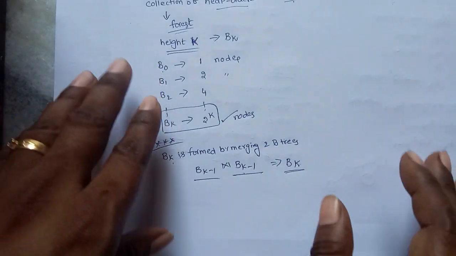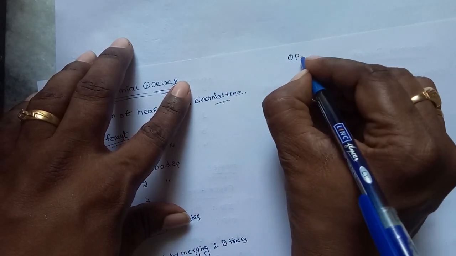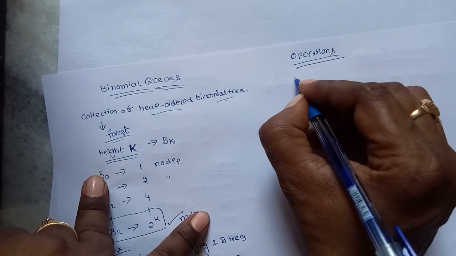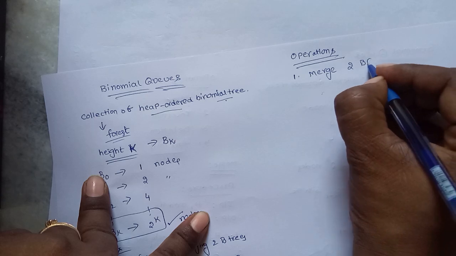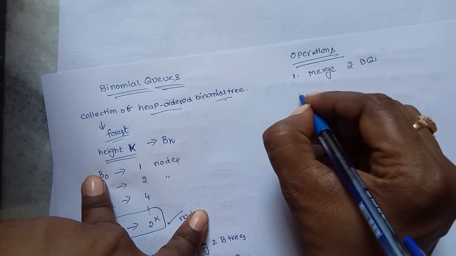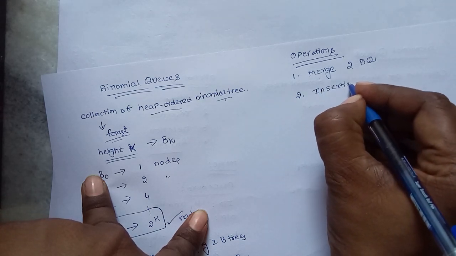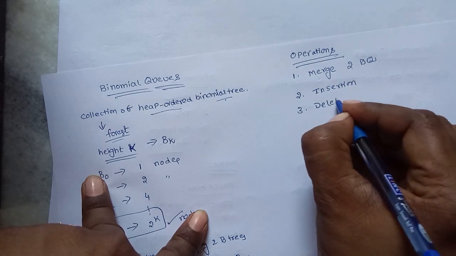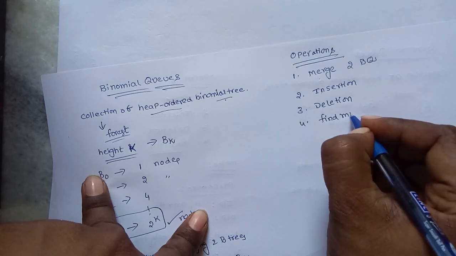Okay, now we will move to the operations. The main operations that are performed on the binomial queue are merging two binomial queues, insertion of an element or a node into the binomial queue, deletion, and the next one is find minimum element.